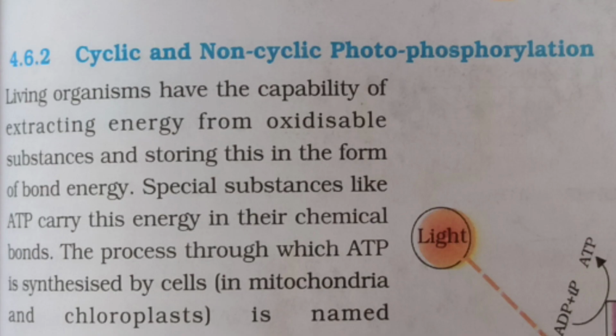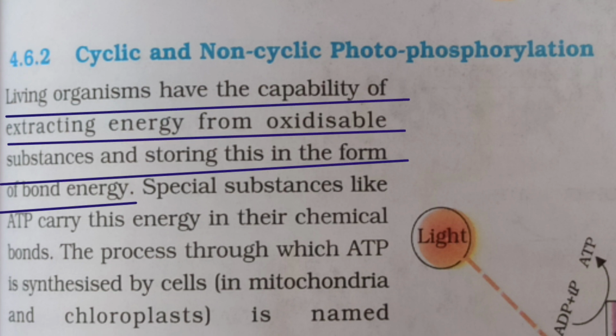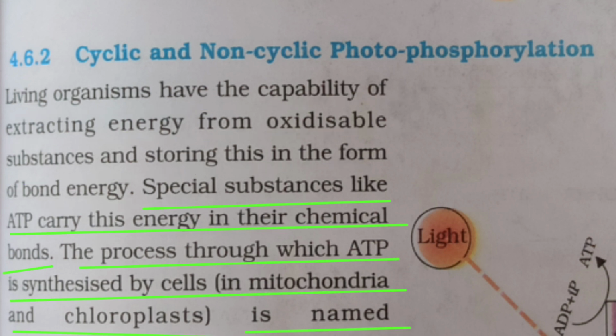Next topic, cyclic and non-cyclic photophosphorylation. Living organisms have the capability of extracting energy from oxidizable substances and storing this in the form of bond energy. Special substances like ATP carry this energy in their chemical bonds.